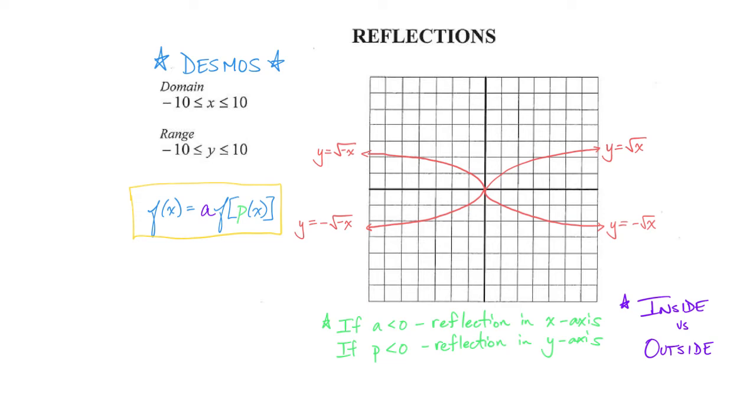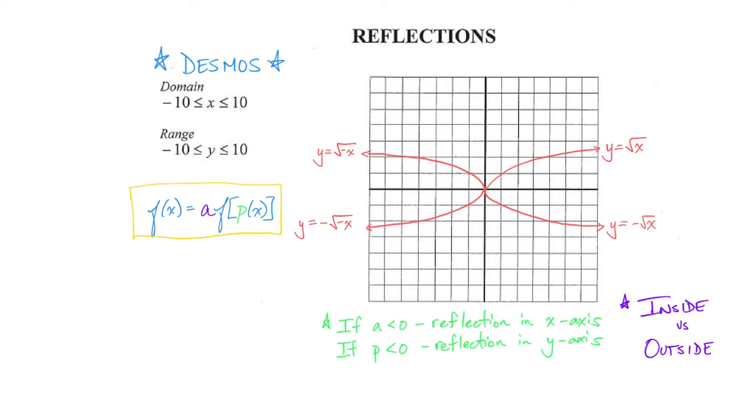Now, you'll also see the last part in purple on the bottom right corner. Can we please put a big star and then our inside versus outside statement about our transformations? And you will find that that's consistent with what we dealt with our stretches. Notice where my a value is.